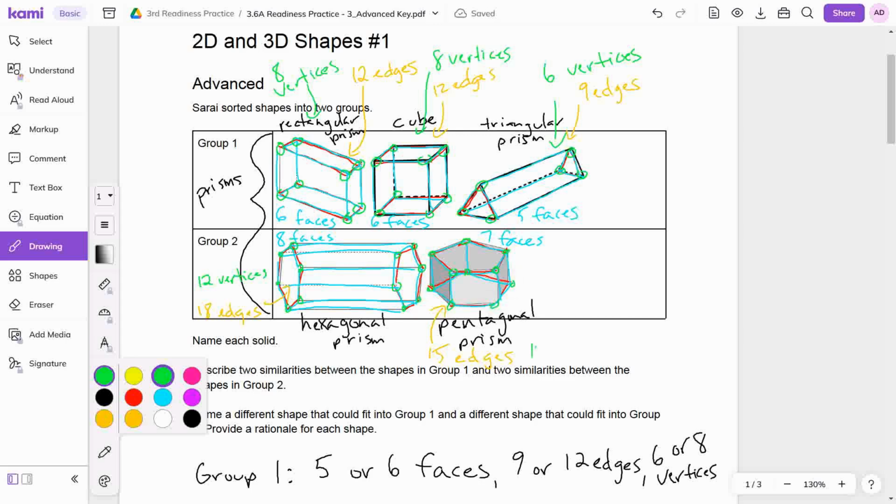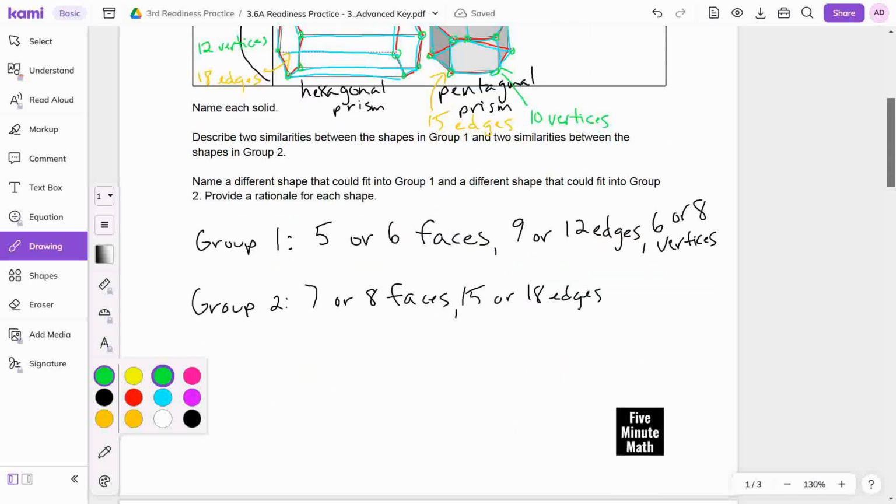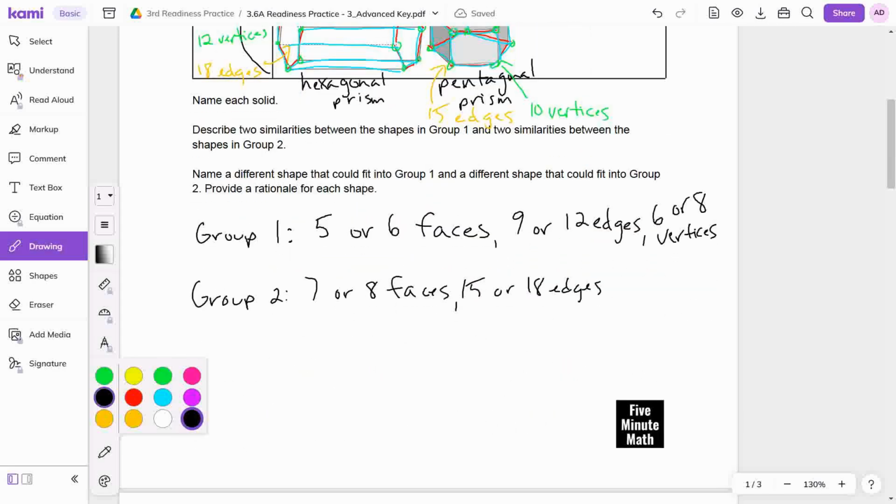And I will say 10 vertices. So they follow patterns when you're looking at prisms. They're different when we're looking at cones or we're looking at pyramids. They don't necessarily follow these same patterns, but when we have prisms, they definitely follow these patterns. So I've got 10 or 12 vertices.